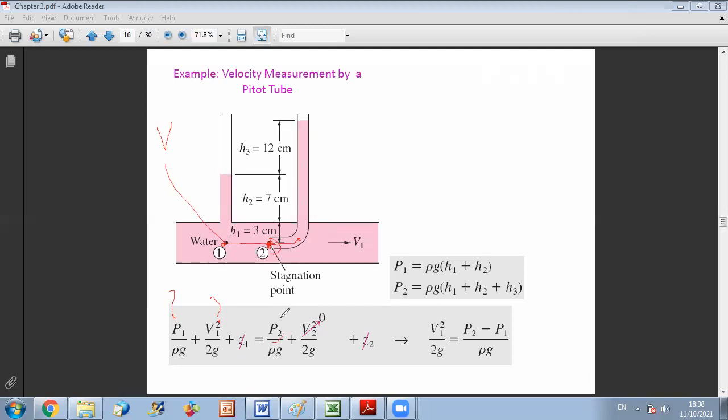Also for P2, I don't know the value, but it's measured using the pitot tube. Whenever the fluid enters the pitot tube, you can consider that it will be brought to rest, so V2 is 0. Since you are considering 2 points at the same elevation, Z1 and Z2 cancel out. You end up with V1 square over 2G equal to delta P over rho G.